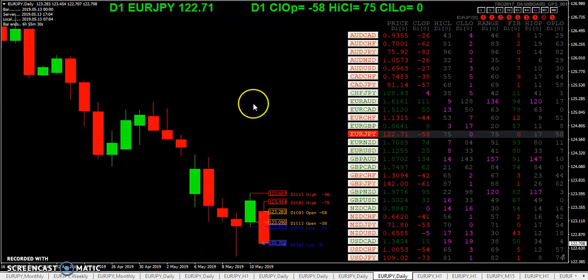Only 3 pairs with the range of over 100. Now that's interesting considering we've got all that China tariff talk going on right now. I would have thought we would have had a little more movement. As you can see here, the dollar yen is outpacing the euro yen on the range.